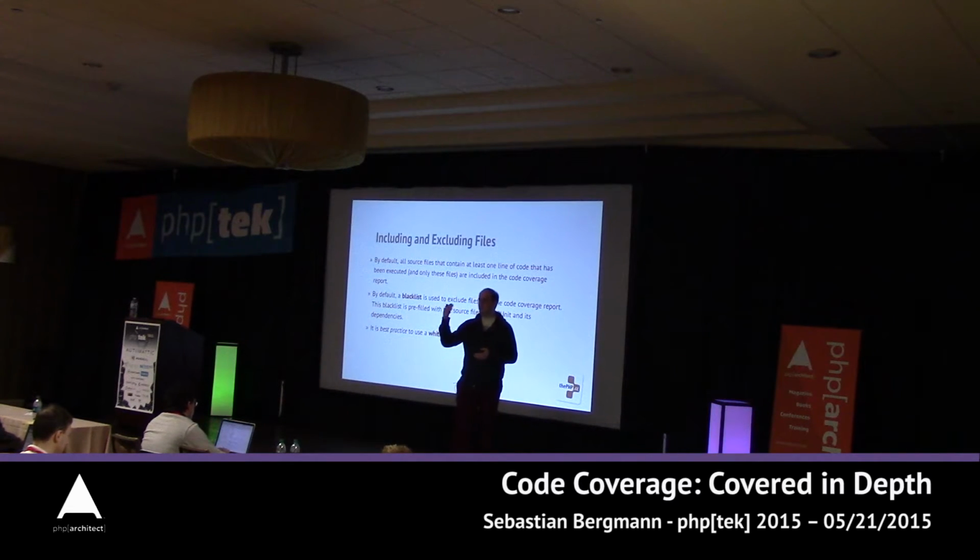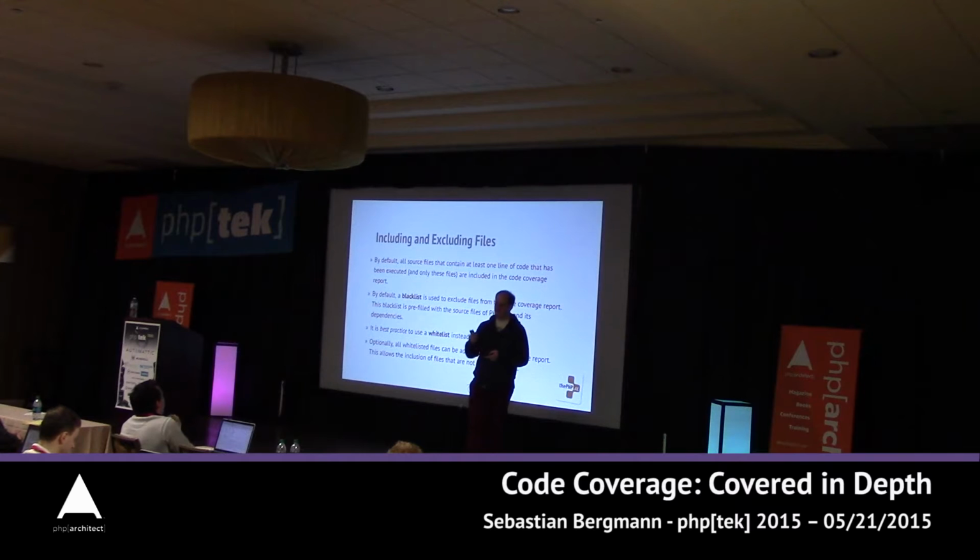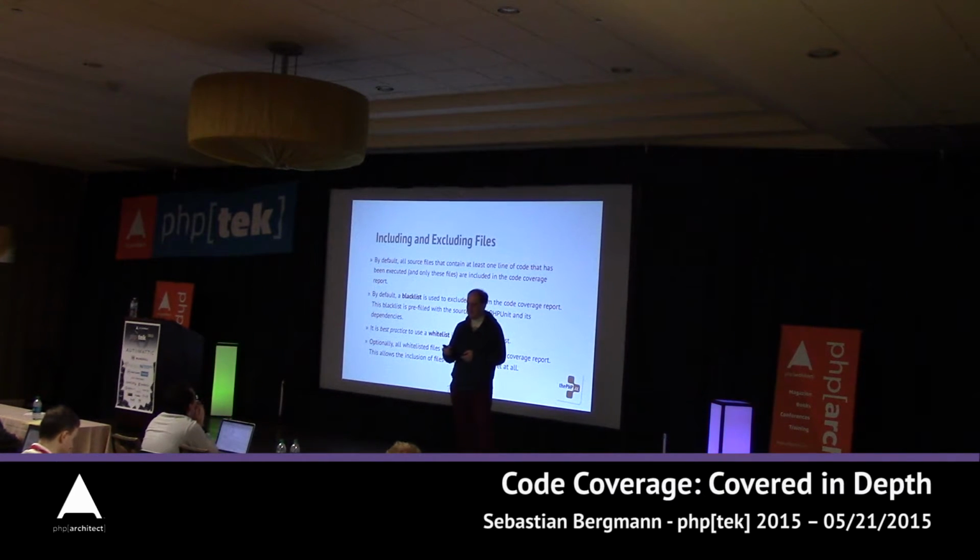Usually, it's just the top level directory of your own source code without your dependencies. And if you configure the whitelist, then only the files from the whitelist show up in the code coverage report. Blacklisting is not used then. So if you configure a whitelist, the whitelist is used. If you don't configure the whitelist, the blacklist is used. Using the whitelist is encouraged in best practice.